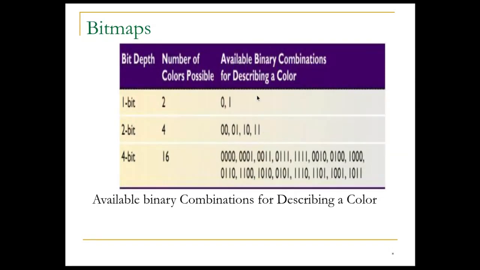In the 2-bit case, maybe 0, 0 might be black, 0, 1 is coding white, 1, 0 may be coding red, and 1, 1 could be coding yellow. So it's a matter of the code. Which code gives you black? Which code gives you white? Which code gives you red? Which code gives you yellow, etc.